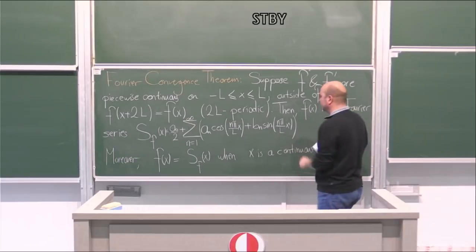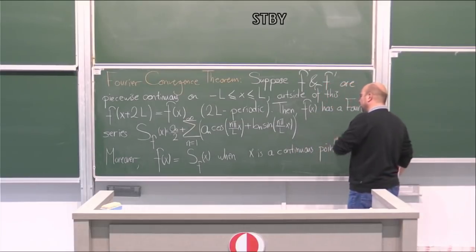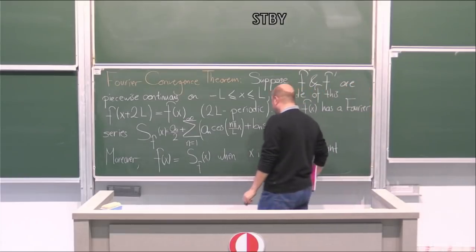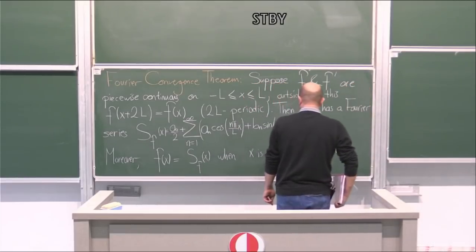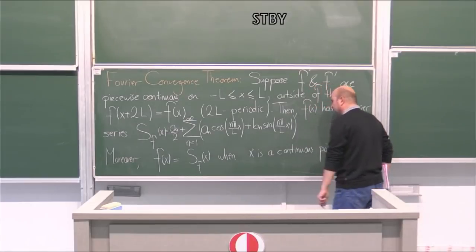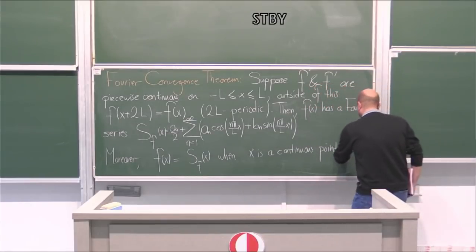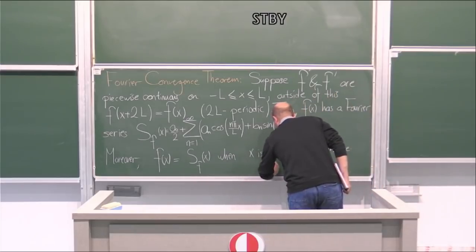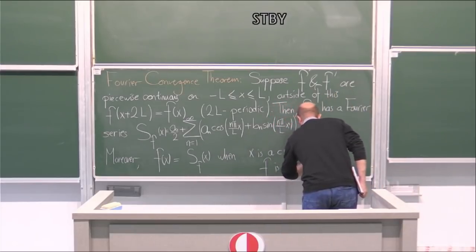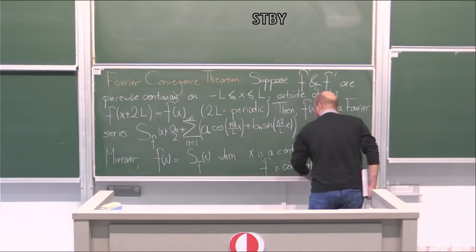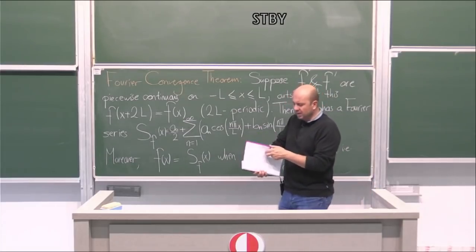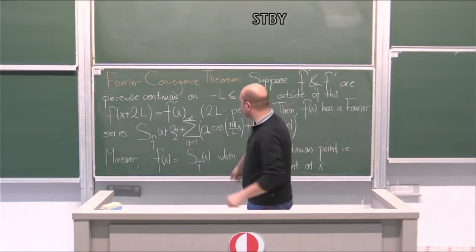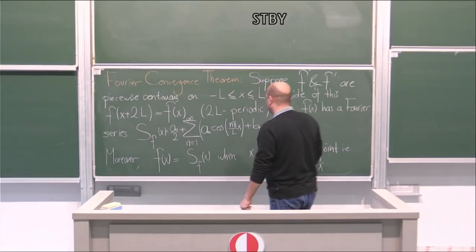What I mean by a continuous point is when the function is continuous at x. In other words, f is continuous at x. So they are equal to each other. The number you get from the Fourier series and the number from the function are equal.